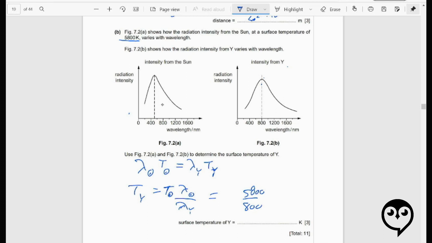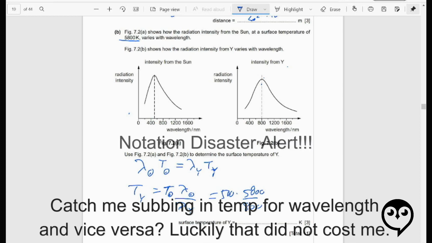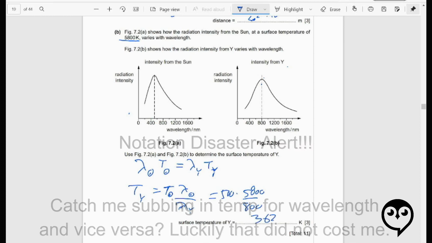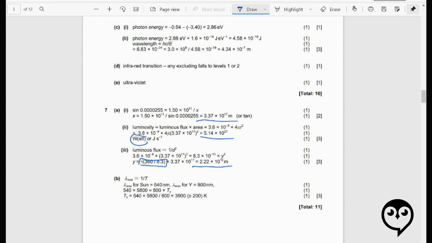Does it look to be halfway? It seems a little bit more. So maybe I don't know, 525? Let's just put 500 in. Okay, and there we go. So 5/8 times 5,800 looks to me like 3,625. Let's check and see.